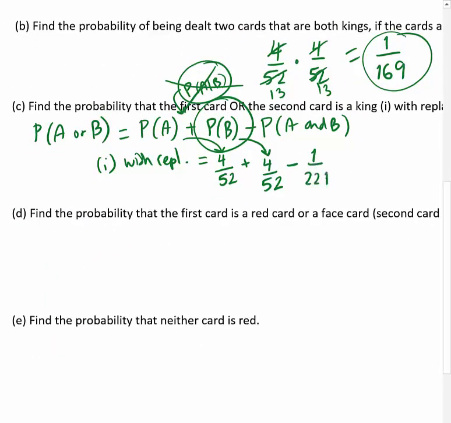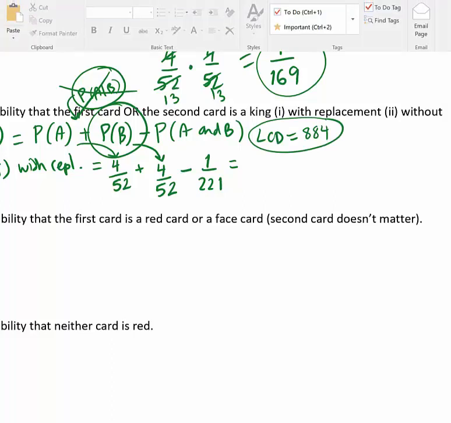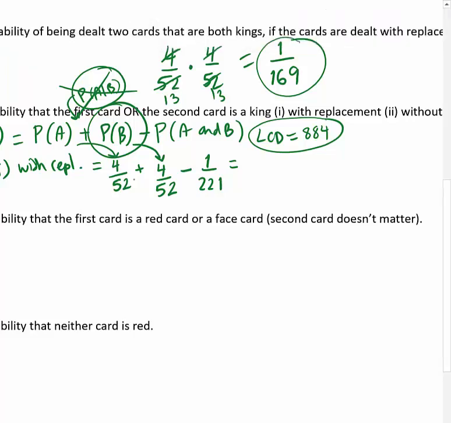Is that right? Okay, so that means we need to find a common denominator here. This is a pretty complicated problem as far as fractions go, but the LCD between 221 and 52 is 884. We need to multiply 52 by 17 to get there, so we'll multiply these by 17, top and bottom.